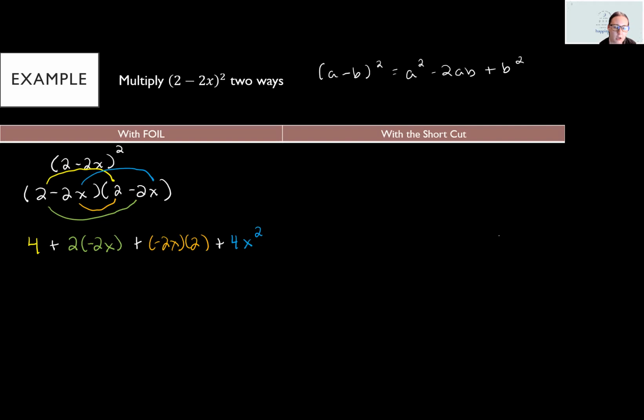Another reason that I've written it this way is so that you can see how it's getting to the shortcut. Let's write the whole thing here instead of this multiplication. So this was negative 2x times negative 2x, and this was 2 times 2.